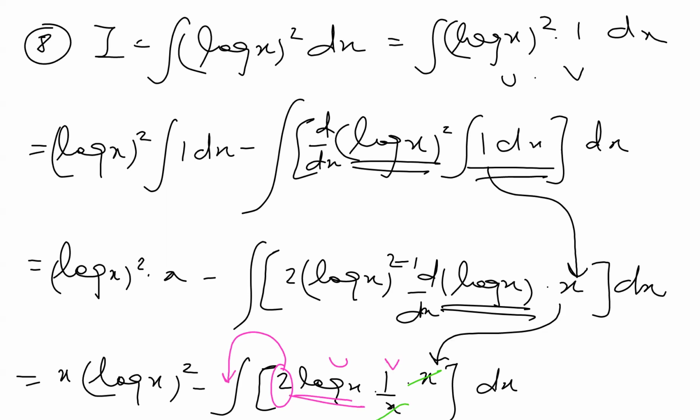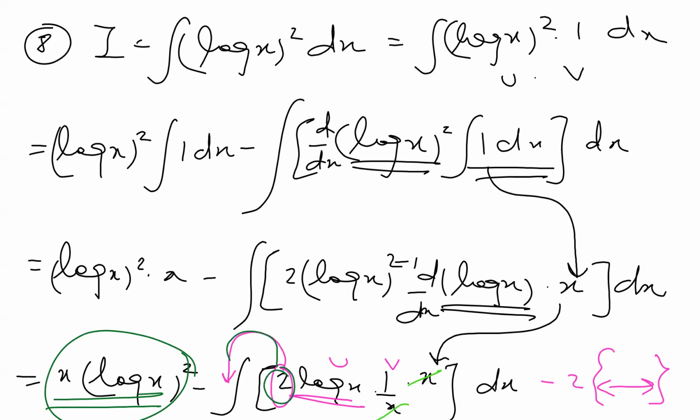So this is u and this is v. So it will be minus 2, and this part, log x into 1, that integration part you have to do within the curly bracket. The first term will remain as it is throughout the problem, without any change. After taking 2 common, the constant goes outside the integration. This part you solve using the integration by parts rule.